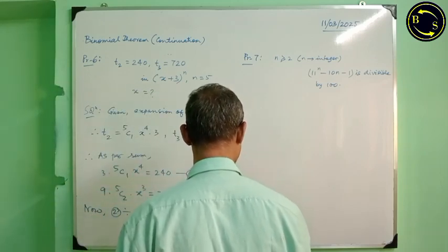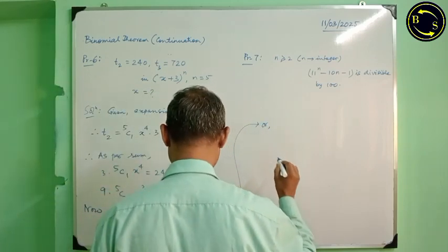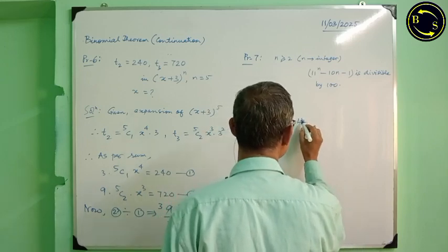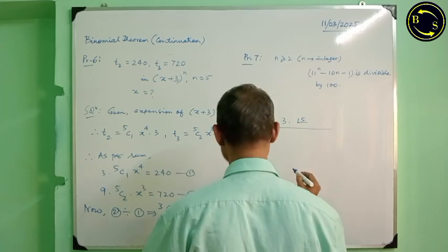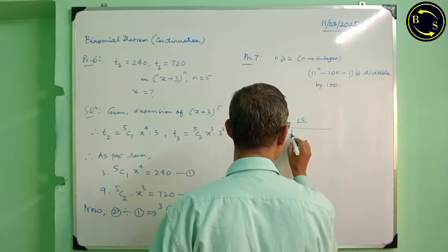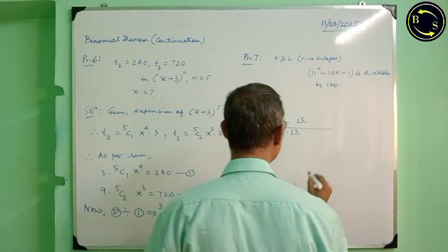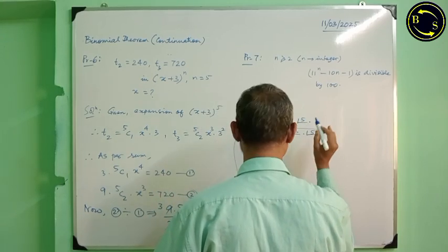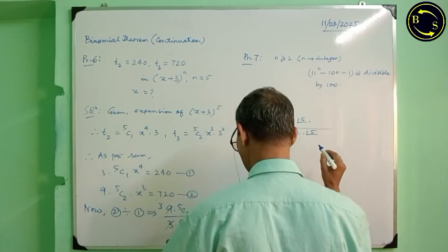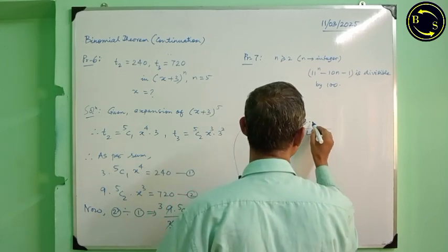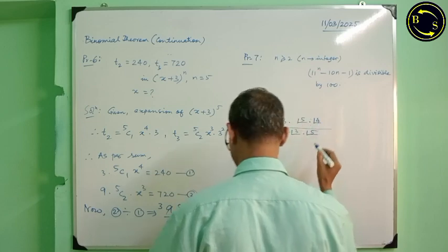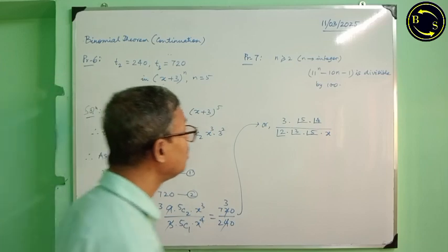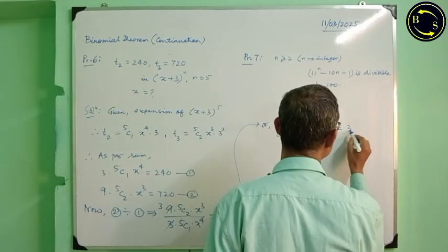Calculate here: 3 into factorial 5 by factorial 2 into factorial 3, then 5C1 means factorial 5 into factorial 4, and at the denominator there will be x, is equal to 3.